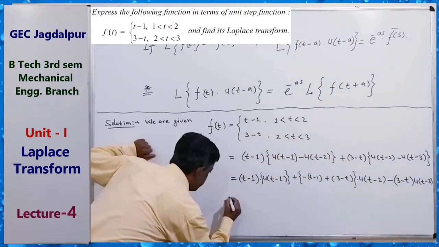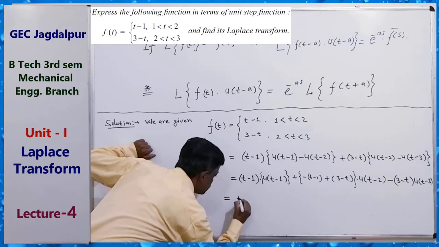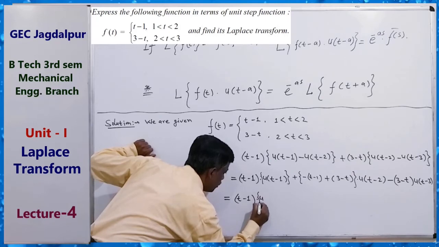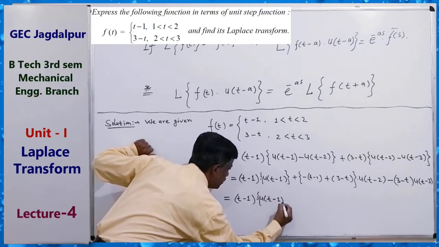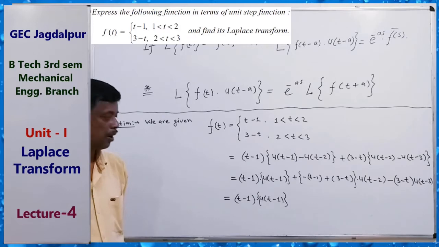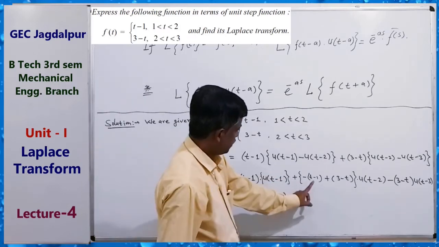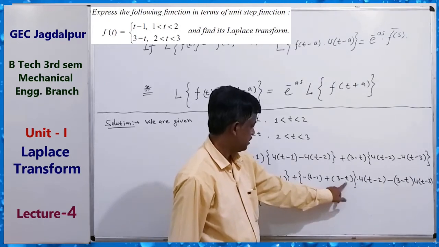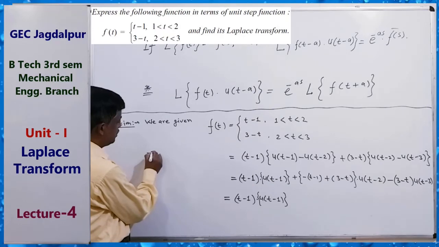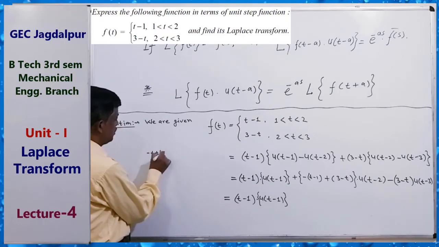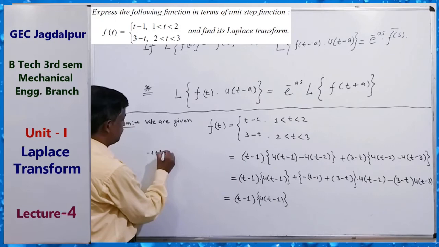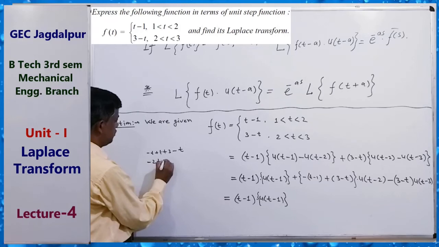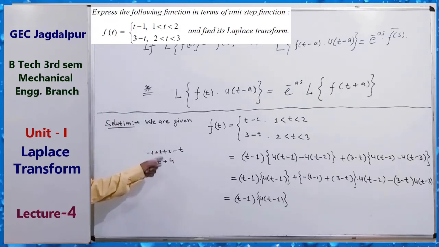So here we get (t minus 1) u(t minus 1). Here minus t plus 1, minus t plus 1, plus 3 minus t, gives minus 2t plus 4.